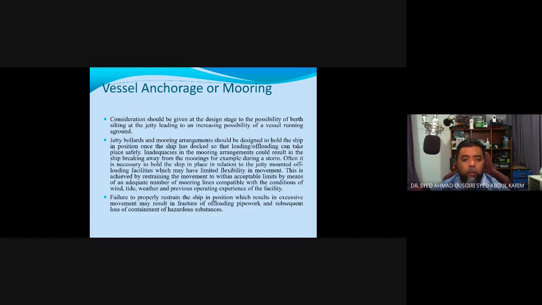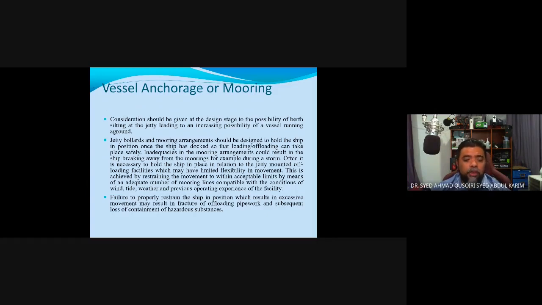Often it is necessary to hold the ship in place in relation to the jetty mounted offloading facilities, which may have limited flexibility in movement. This is achieved by restraining the movement to within acceptable limits by means of an adequate number of mooring lines compatible with the condition of wind, tide, weather, and previous operating experience.